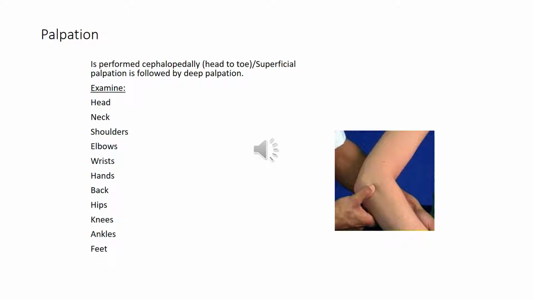Just like with inspection, palpation usually proceeds from head to toe to examine the neck, shoulders, elbows, wrists, hands, back, hips, knees, ankles, and feet. Both superficial and deep palpation are usually performed consecutively, which means like side to side.